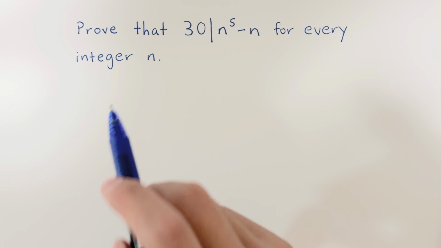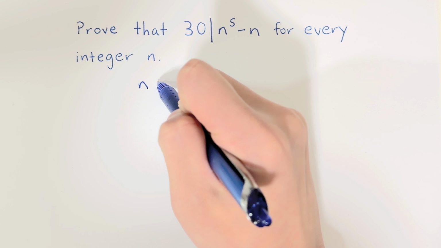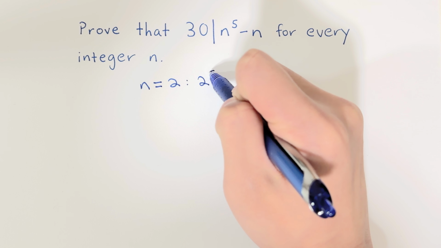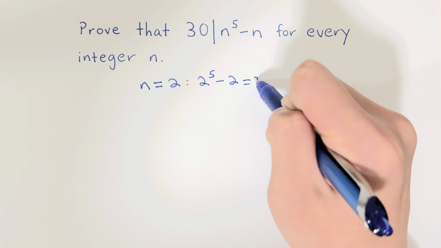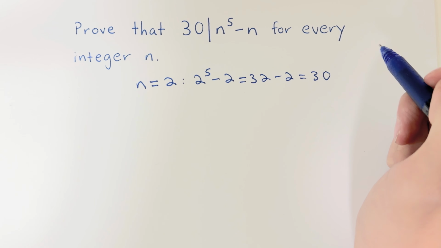For example, n equals 2. Then 2 to the power of 5 minus 2 equals 32 minus 2, equals 30. n equals 4.